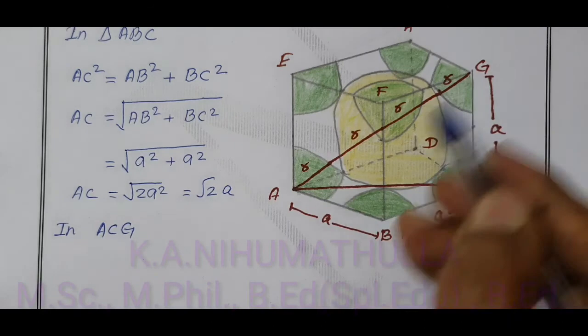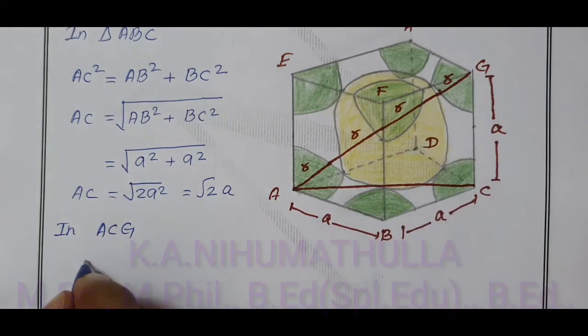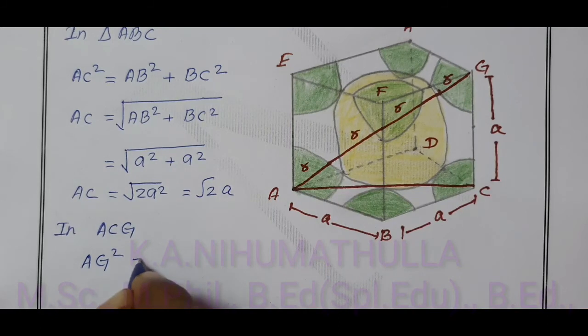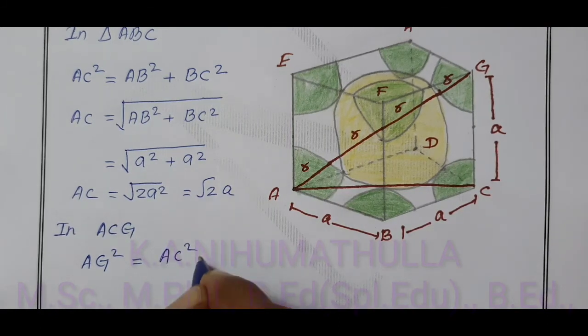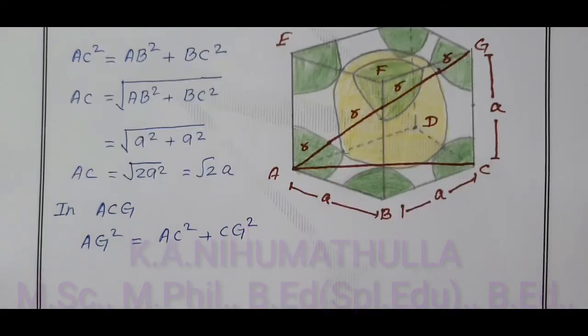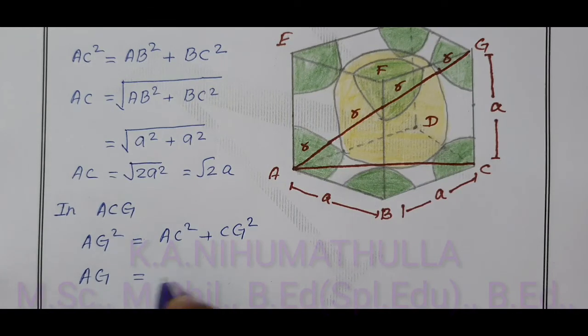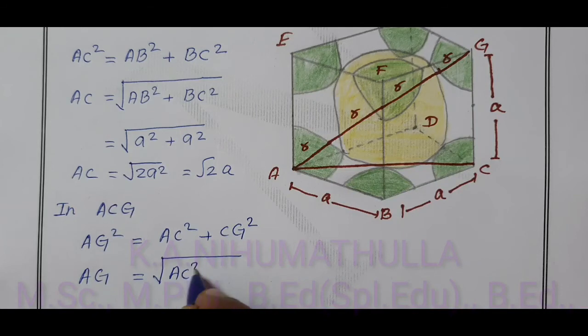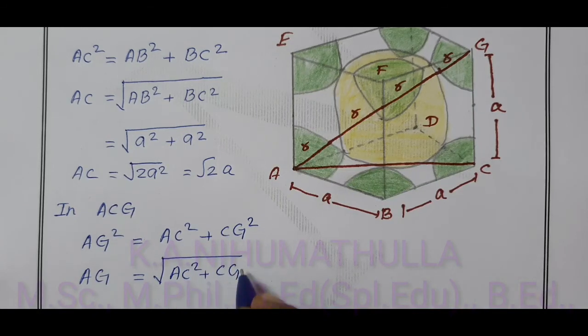ACG. Apply the Pythagoras theorem. AG square, this line passes through the body center atom, equals AC square plus CG square, like the previous one. AG equals root of AC square plus CG square.